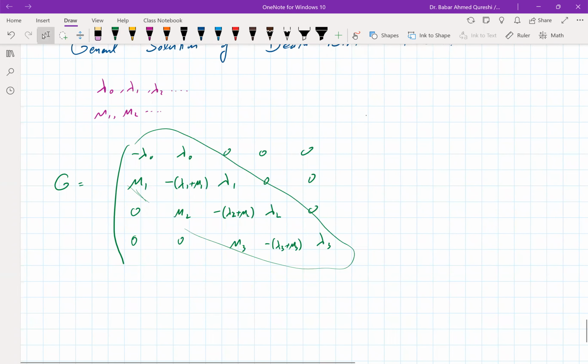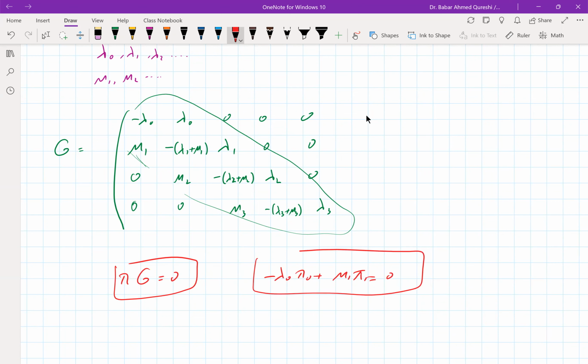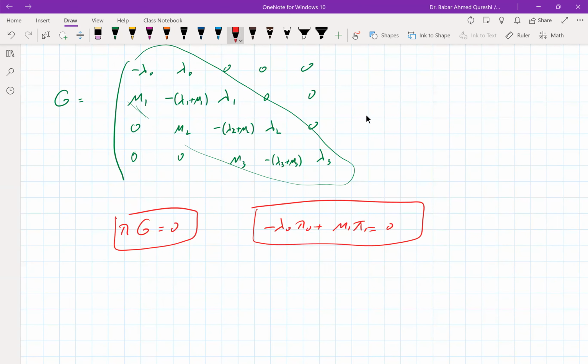So if one tries to build the stationary distribution for it, then the first one gives you this, and this gives you this.